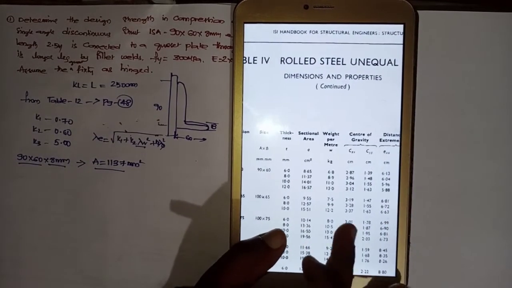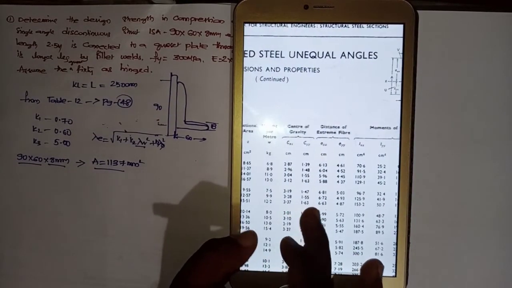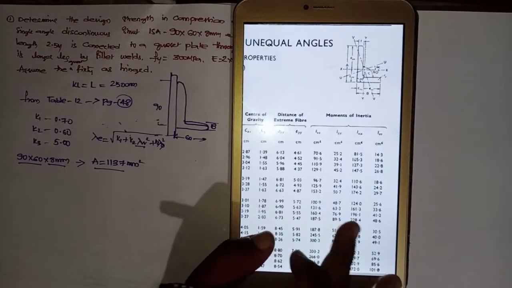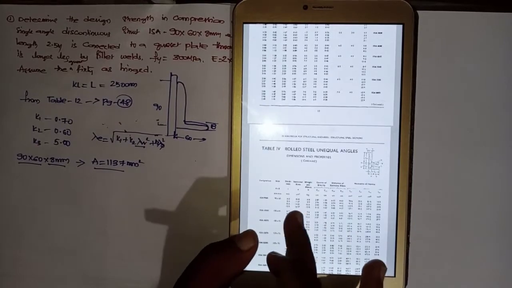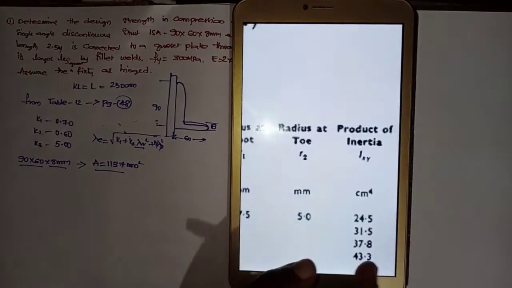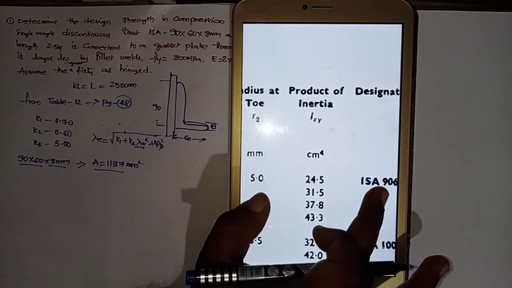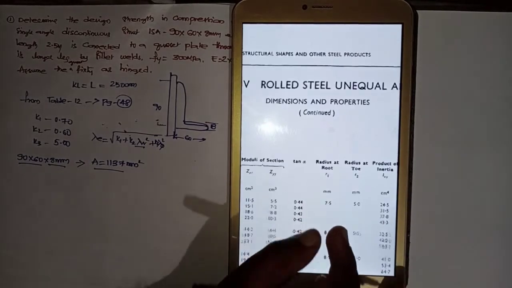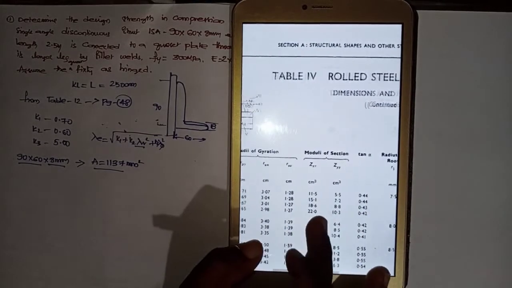So here, 90 by 60 by 8 mm. Now if I go to the next page, see, 90 by 60 by 8 mm, this line, second line. Actually this is a two-sided book.